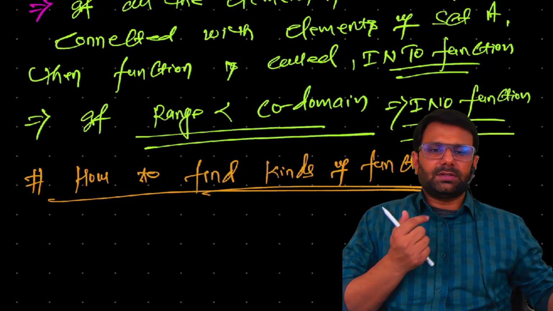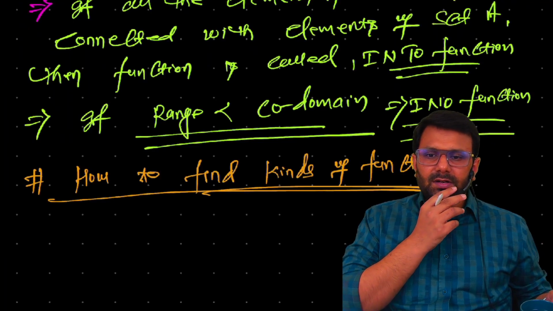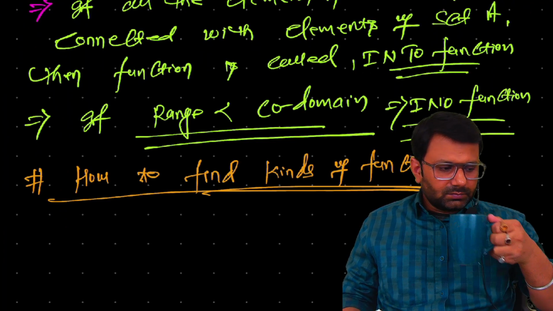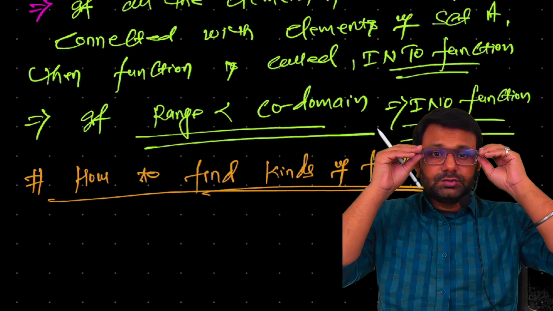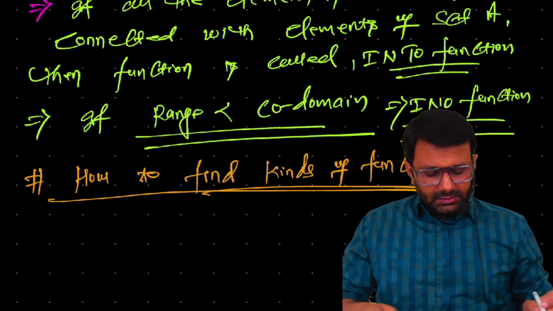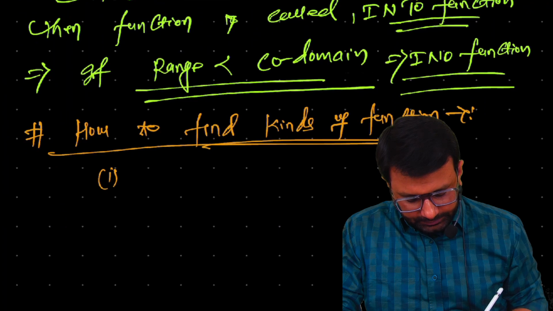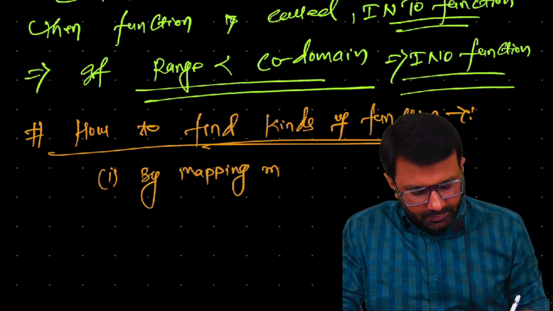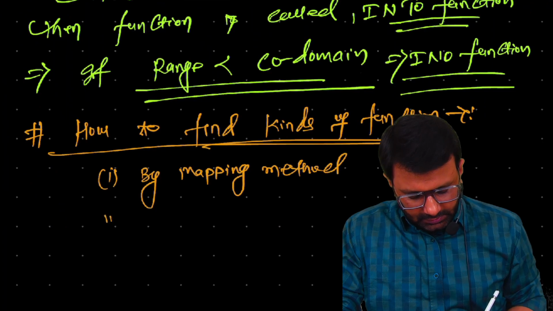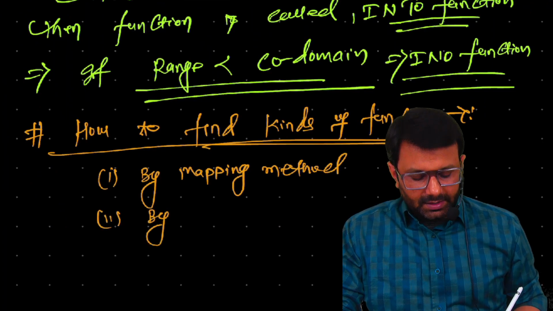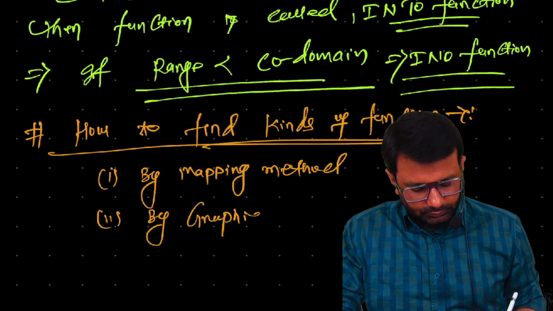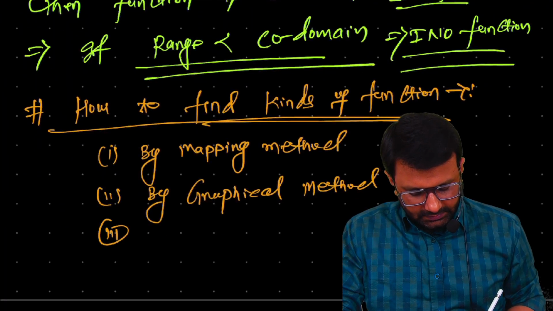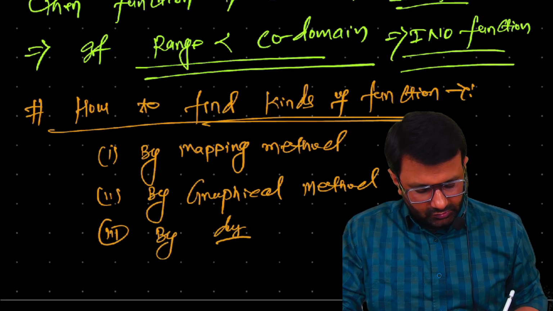There are mainly three methods to decide kinds of a function. First is the mapping method, second is the graphical method, and third is the dy by dx method.